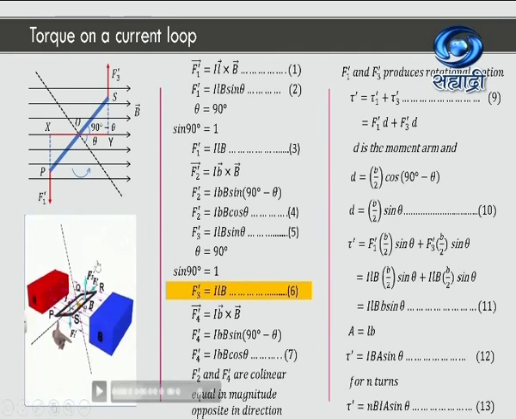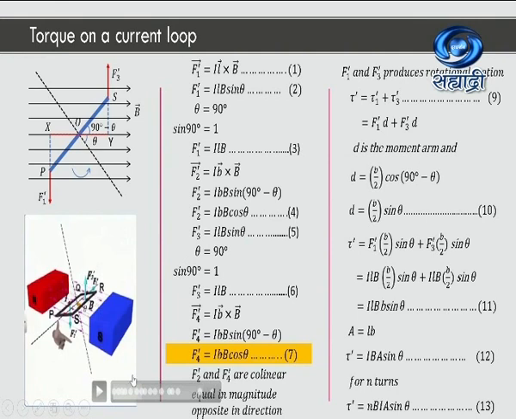Let us move on to the remaining side, the fourth side, SP. The magnetic force acting on this side will be F4 dash. Vector F4 dash is equal to I vector B cross vector B. Then F4 dash is I B B sine 90 minus theta. Sine 90 minus theta is cos theta. So F4 dash is equal to I B B cos theta.